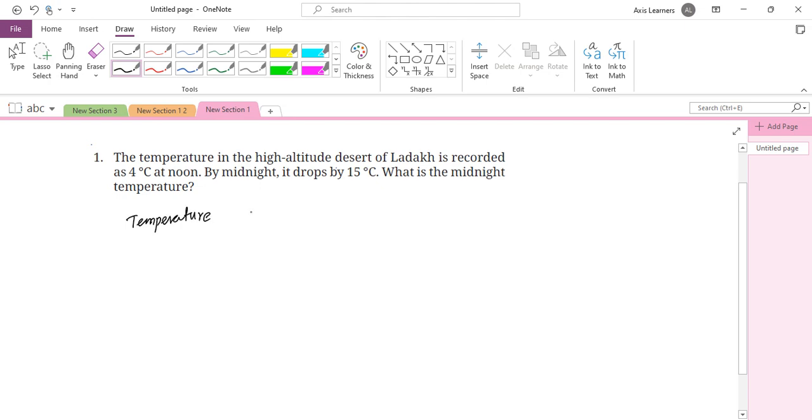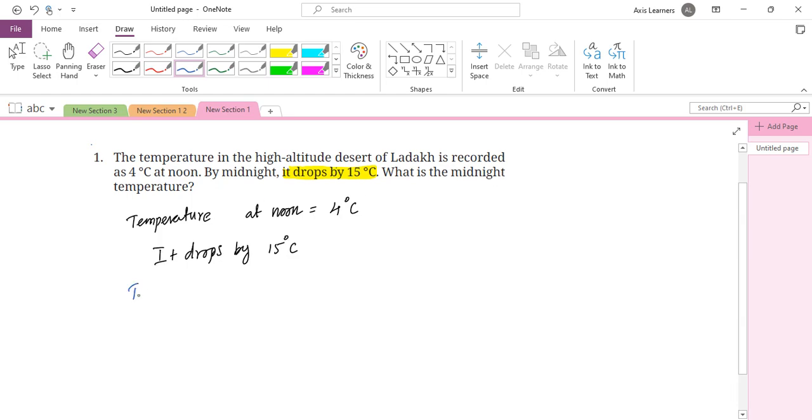Temperature at noon equals 4 degrees Celsius. How much does it drop? It drops by 15 degrees Celsius by the midnight. It drops means it reduces.